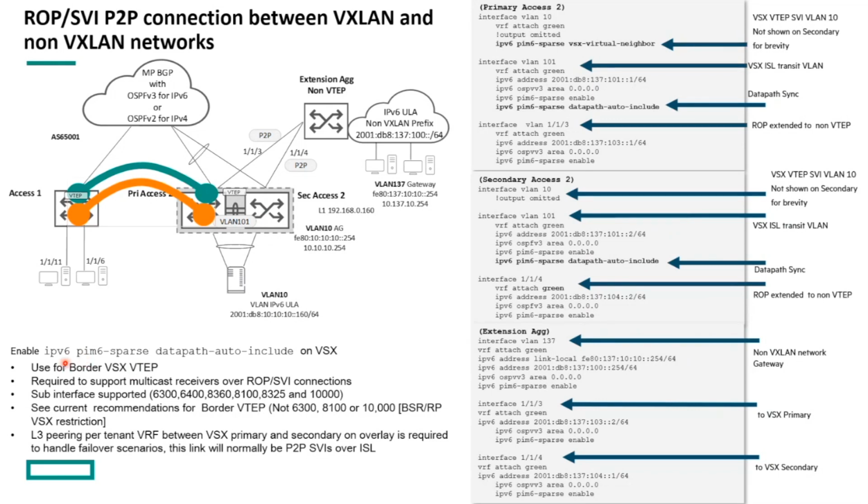We have an IPv6 PIM6 sparse data path auto include, and this enables synchronization both between the primary and the secondary, and that is configured between the 2 switches on this VLAN 101. So it's always required when we've got routed port or SVI interfaces between the border VTEP and the non-VXLAN network.